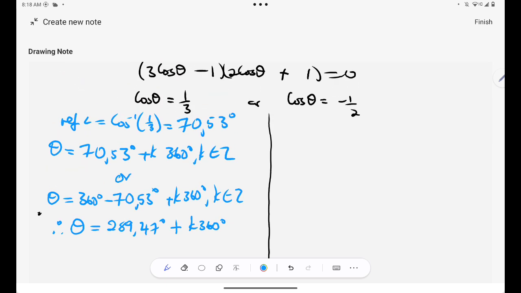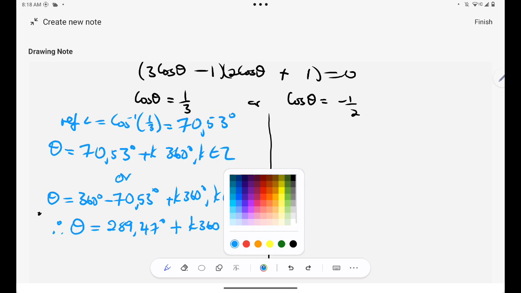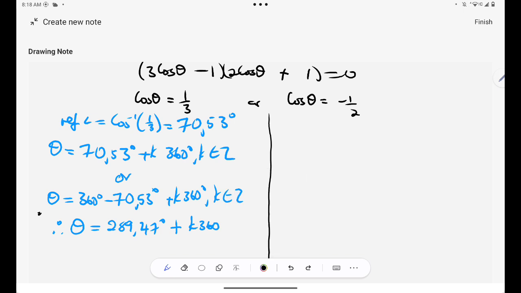And then for this one, I must find my reference angle as well. My reference angle should be the cos inverse of 1 over 2, which will give me 60 degrees.